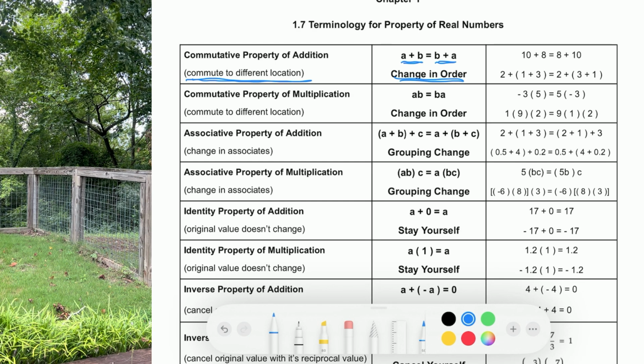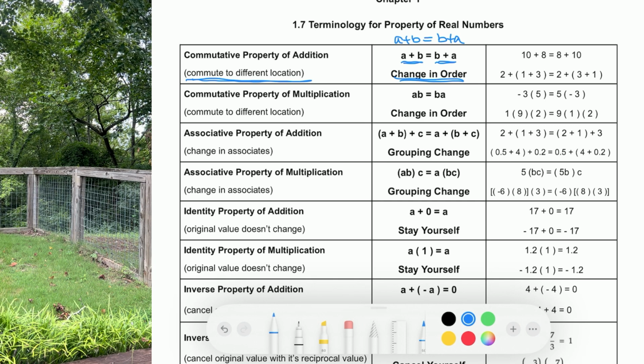How has the left side changed to what is actually in the right side? The original problem would have been A plus B, but the change that was made was B plus A. So they actually switched order.